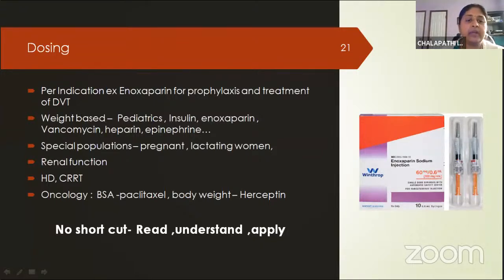And the second example is weight-based dosing. As you know, for pediatrics, we dose based on the weight. Insulin, we do that. And whenever we are fixing the doses for the basal insulins, enoxaparin I mentioned, vancomycin. So what is the standard starting dose for vancomycin?